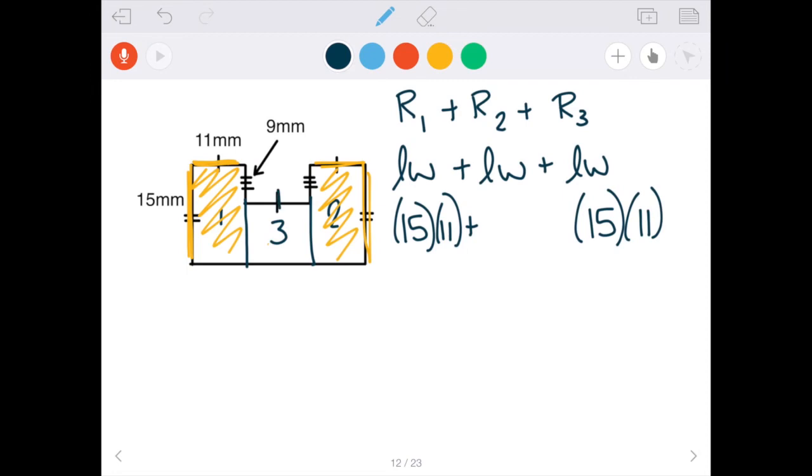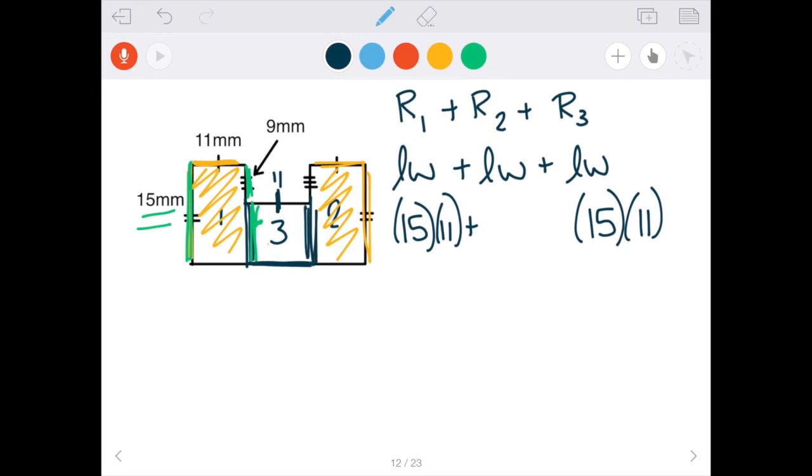Rectangle 2, I know that this right here is 11, but I don't know what this is. However, I can find it out. I know that the full distance top to bottom is 15. I know that this distance right here is 9. So what would I have to add right here to 9 in order to make 15? It would have to be 6.